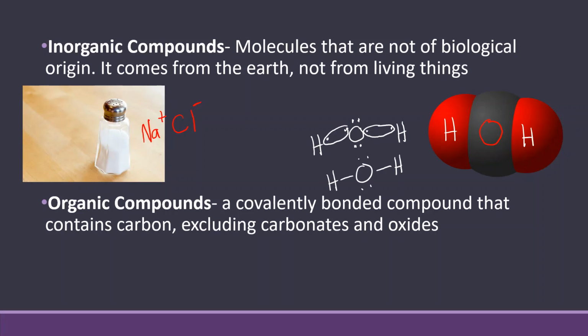Today we're going to start looking at organic compounds. These are also covalently bonded, so they're still sharing electrons. But these in particular typically contain carbon, unless it's a carbonate or an oxide. We're not going to look at what carbonates and oxides are in particular for our class, but in the future, if you see something that says carbonate or oxide, it's not technically an organic compound, even if it has carbon in it.